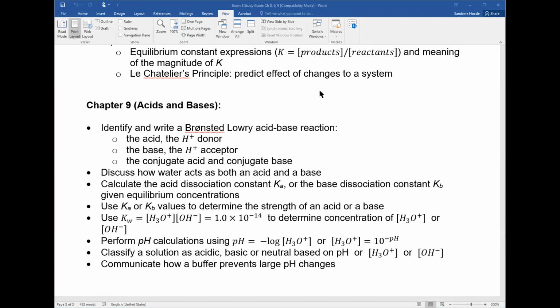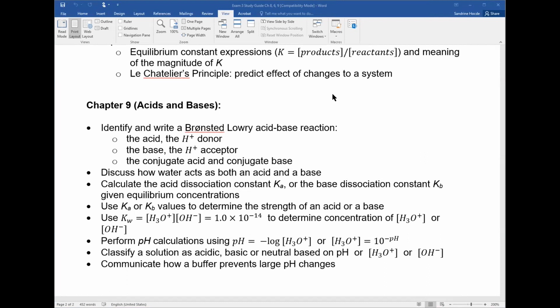So next, in chapter 9, it's about pH calculations using pH equals negative log of the concentration of H3O plus. Or if you have the pH and you're looking for the hydronium ion concentration, then it's equal to 10 to the negative pH.